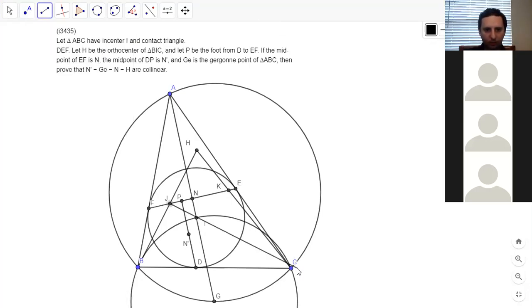So those are going to pass through I. So yeah, I is the orthocenter of HBC. So HI and D are collinear.